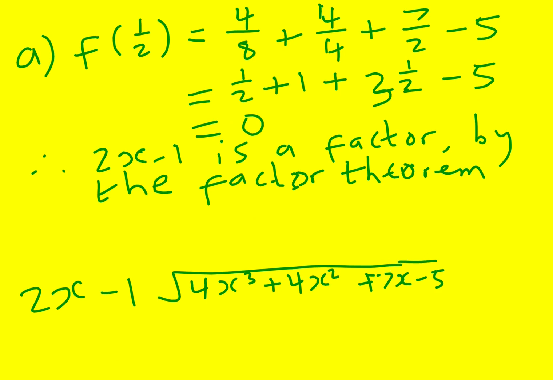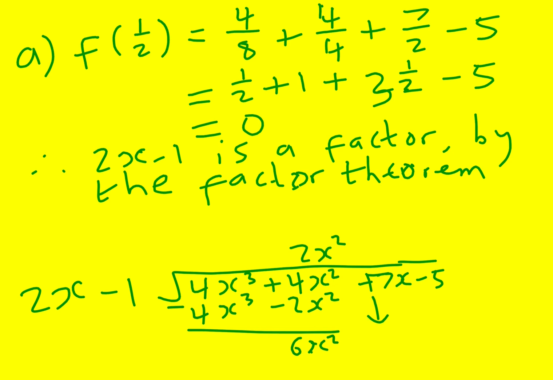And it's just the normal algorithm. How many 2x's go into your first term? It's going to be 2x squared. Multiply back through, minus them, 6x squared. Bring down the next one. 2x is into 6x squared, 3x.